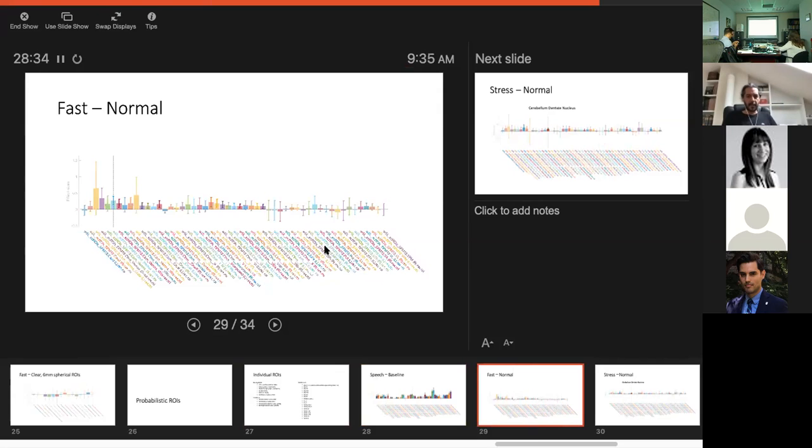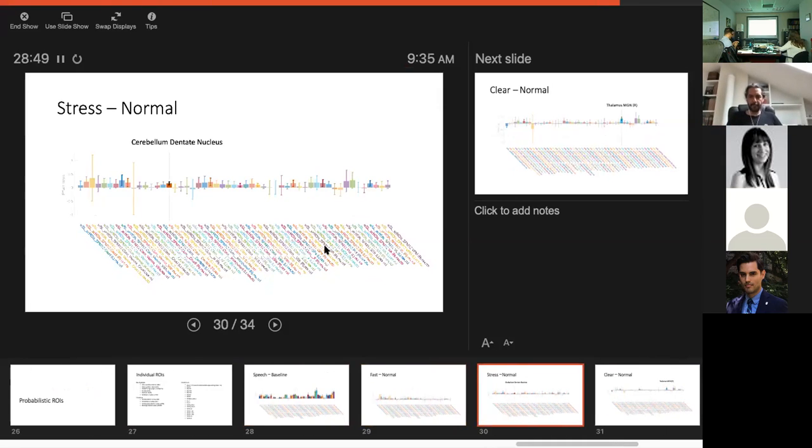And it dwarfs the effect sizes there. Yeah, all of this. Just a lot of basal ganglia. Okay, then we have stress minus normal. The cerebellum dentate nucleus was significant, when it's the black line or black error bar here.